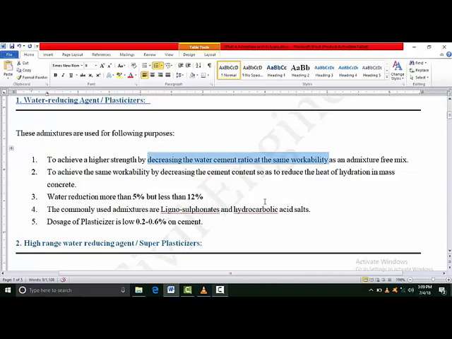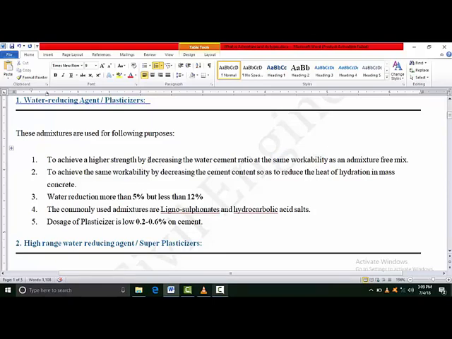But what is the function of the admixture? What is the benefit of using the admixture, maybe plasticizer, maybe super plasticizer? The main benefit is to maintain the same slump value, the same workability of the fresh concrete as the normal concrete already has.